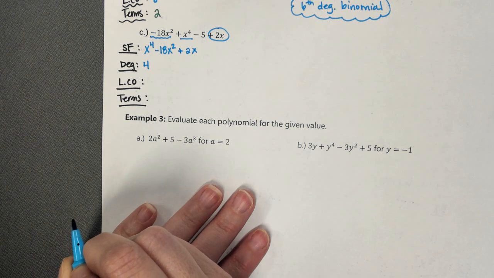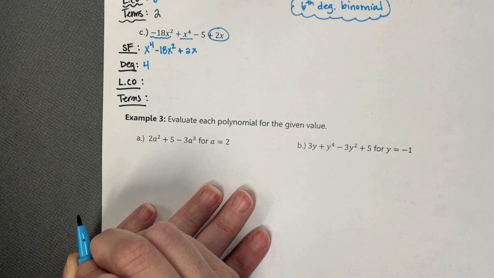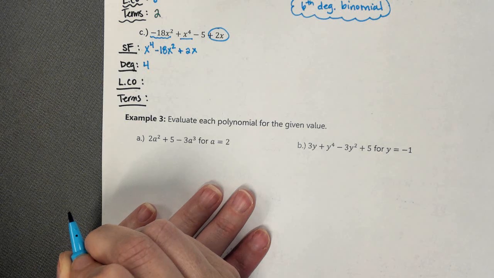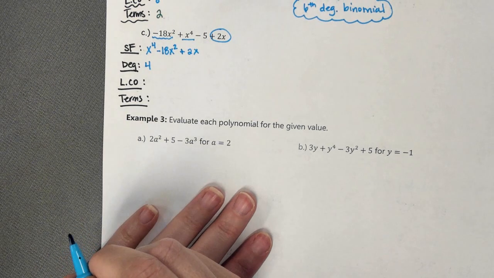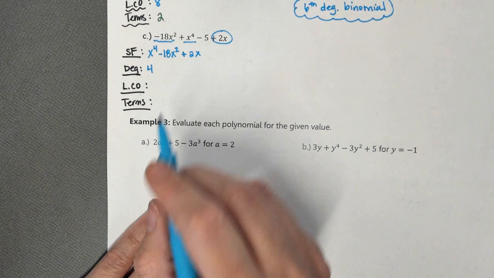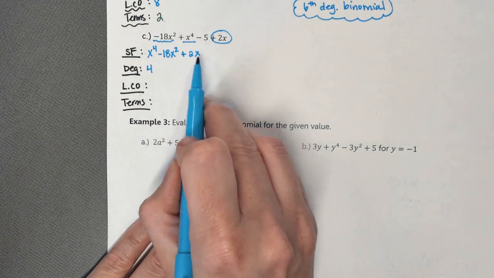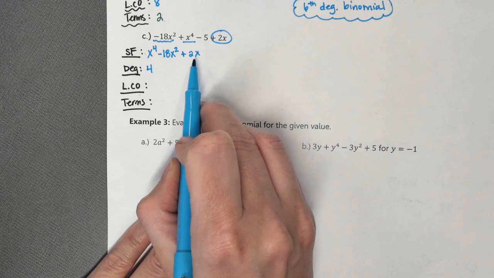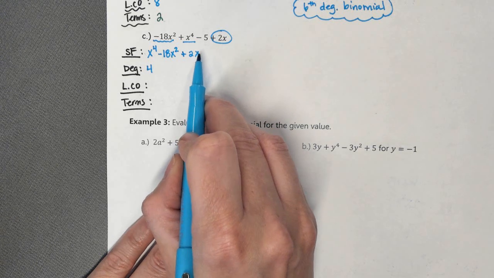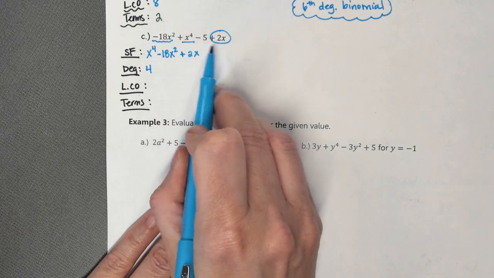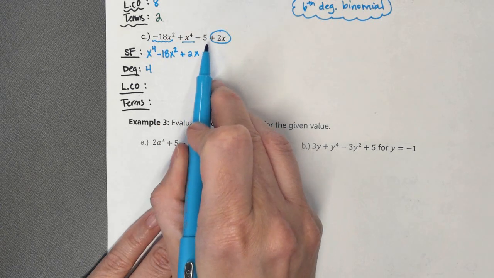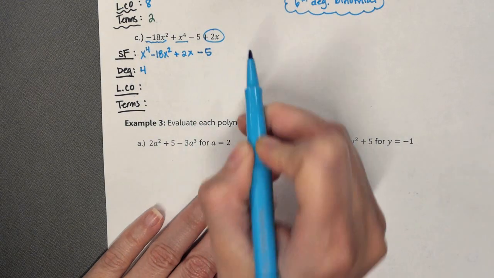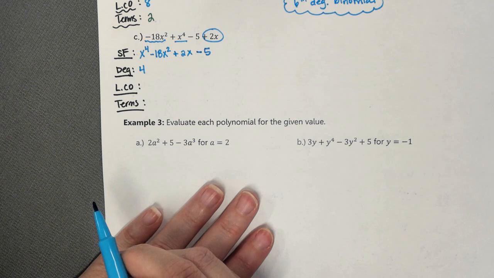And then Joey, what's going to go last? What's the only term we haven't written down yet? The only thing that I haven't underlined or circled is this, right? See that negative in front? I just don't want you guys to forget the negative. So it's the negative 5.